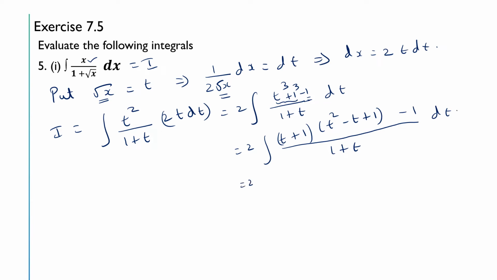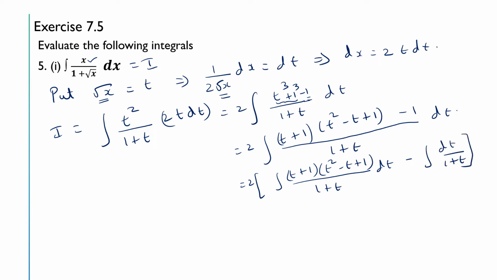So this will be equal to 2 into integral t plus 1 into t square minus t plus 1 divided by 1 plus t dt, then minus integral dt by 1 plus t. So these two will go. Now it will be easy for us to integrate.